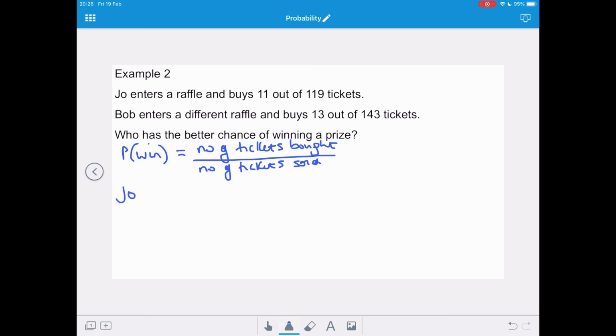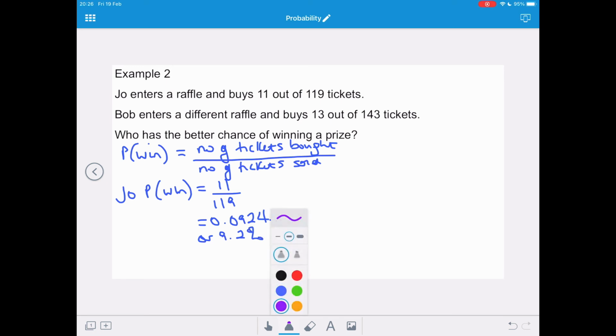So let's look at Joe first. For Joe, P(win) is going to equal the 11 tickets she bought out of 119 tickets. So it's 11 over 119. We can change that to a decimal by doing 11 divided by 119, and that gives us 0.0924 or 9.2% by multiplying by 100.